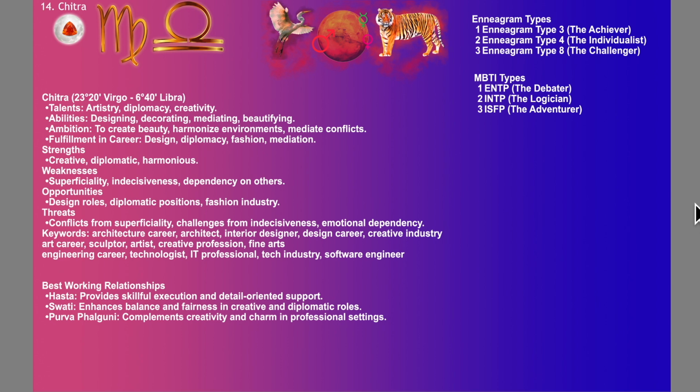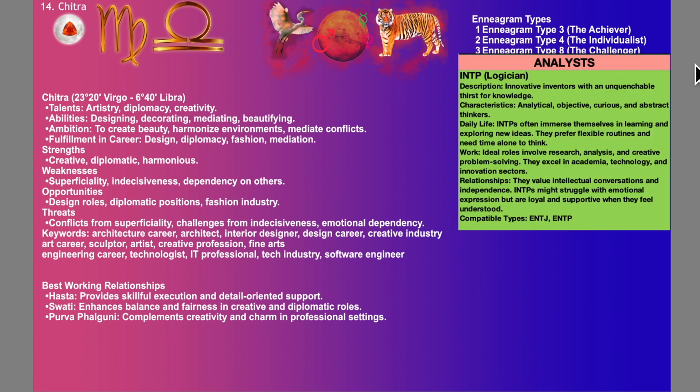Next one would be INTP. The INTP people are more of logicians. I can see straight away architecture there. They excel in academia, technology, and innovation. So innovative architecture career, architect, interior designer, and so on and so forth.